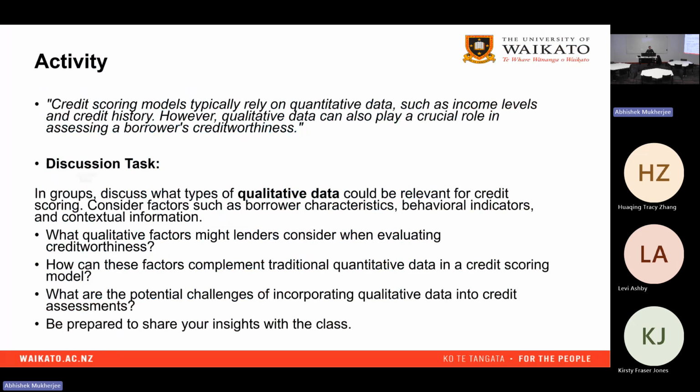Anything else? Qualitative data? Whether they're a resident or on a visa, because we're talking about immigrants, who usually have no credit scores. True. Any other information?